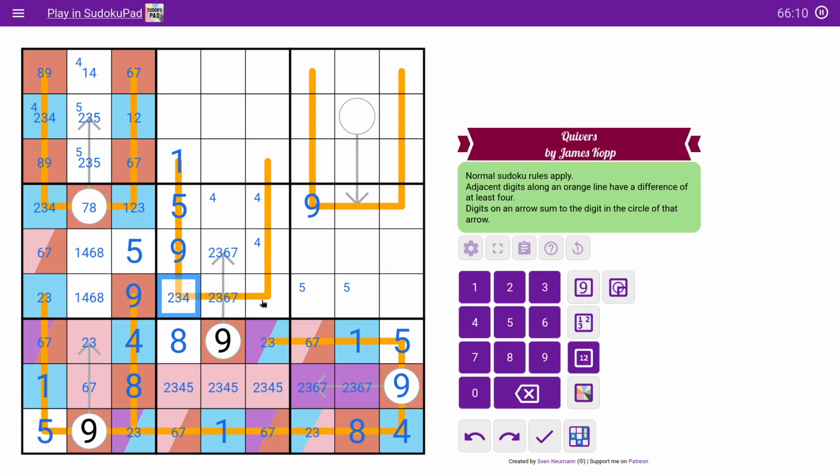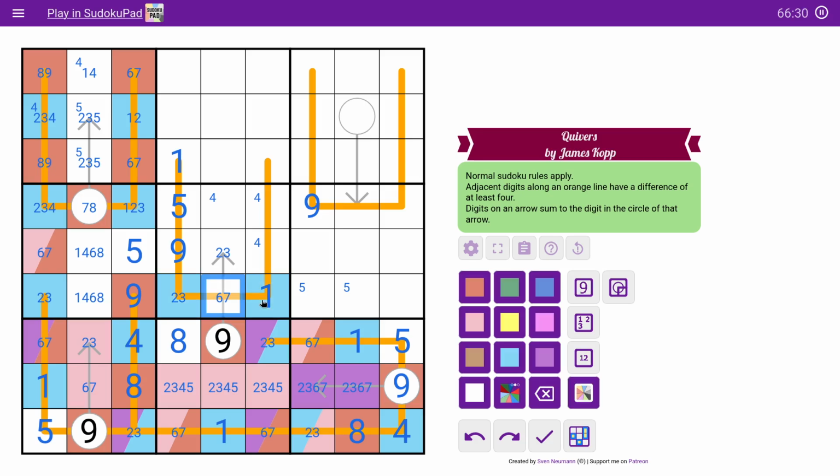9. 2, 3, 4. Of course, this cannot be 4. This is a 2, 3. This is 1, 2, or 3, and it sees a 2, 3 pair. Yes, let's color.